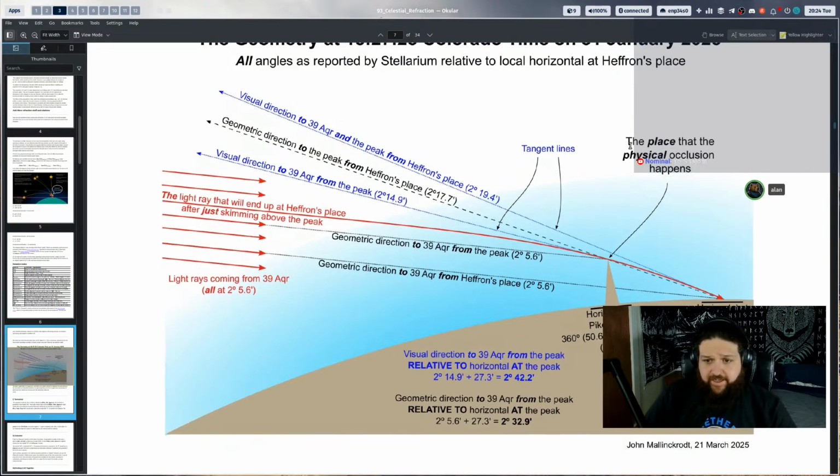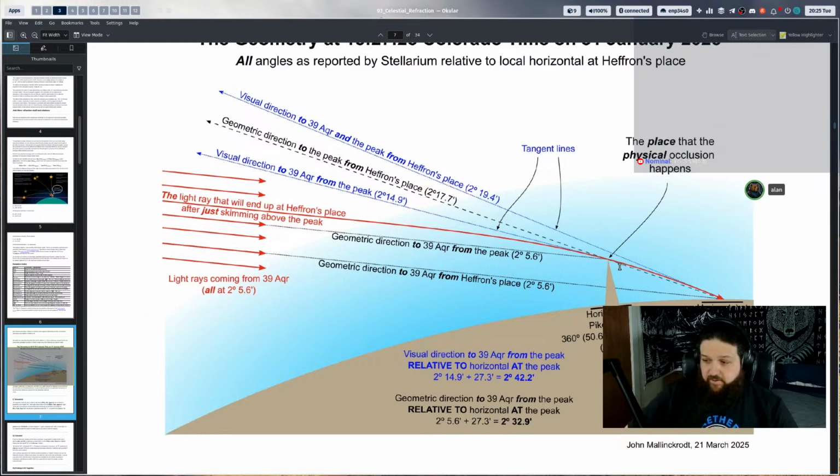So here we have this diagram, and the most important thing I want you guys to take away from this is that it says right here, the place that the physical occlusion happens, and we have a line going right here to the mountain peak. This is why we go to the mountain peak. You often hear things like, why are you moving the observer to where he isn't? Aren't you over here? Yeah, you're over here, but you didn't occlude the star.